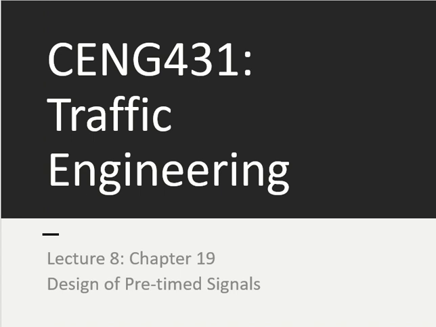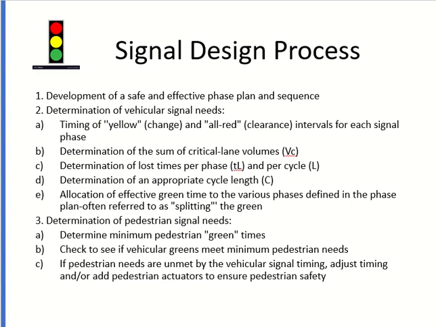Okay, continuing with the same topic but from a different chapter now, we will move on with more calculations related to the design of the signal. The signal design process follows 3 steps, and there are subtasks with the steps as well.